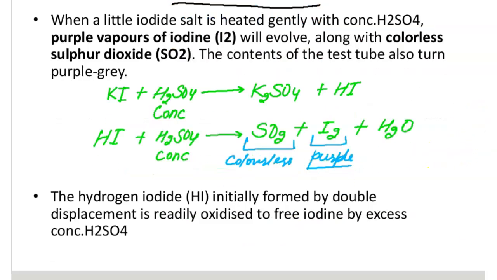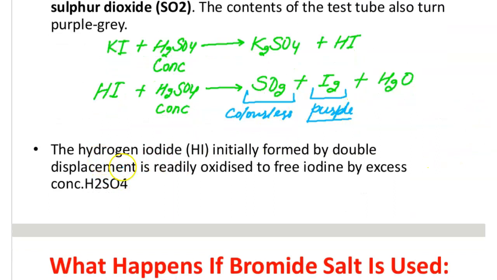Now, we have already discussed that the hydrogen iodide initially formed by double displacement is readily oxidized to free iodine. So here an oxidation reaction is taking place in which HI is getting oxidized to free iodine.